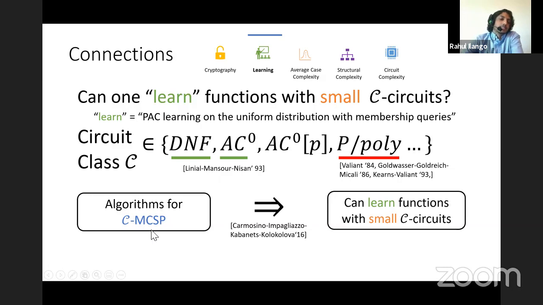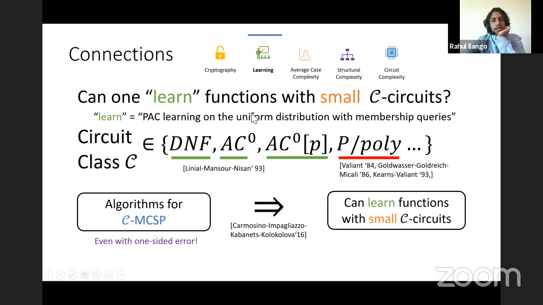And they realized that even if you had an algorithm for MCSP with one-sided error, you would get these learning algorithms for small circuits. And they used that to show that you could learn this class of circuits that wasn't clear if you were able to learn efficiently. And there's been some follow-up work on this about different models of learning and what you can do.